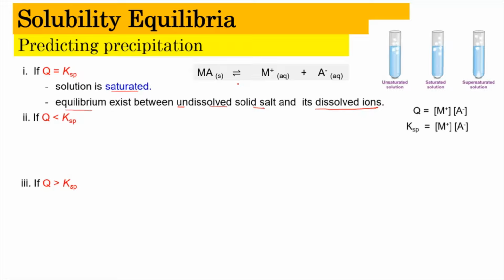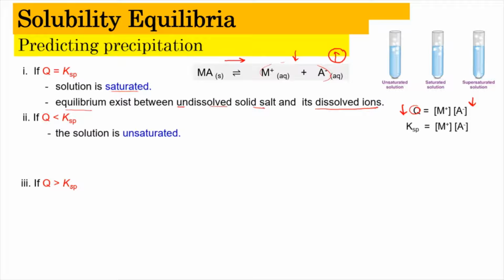So, what's going to happen if Q is lesser than KSP? Okay, so when Q is less, it means that the concentration of the ion here will be less as well. Okay, so you can imagine here to be lesser. So what's going to happen here is that there's going to be a shifting to the right according to the Le-Chatelier's principle in order to increase the concentration of this ion.